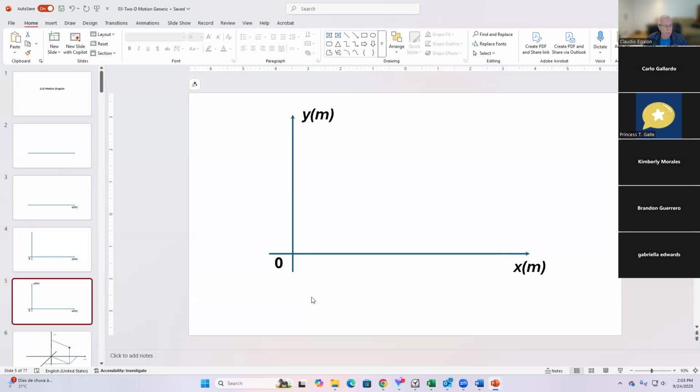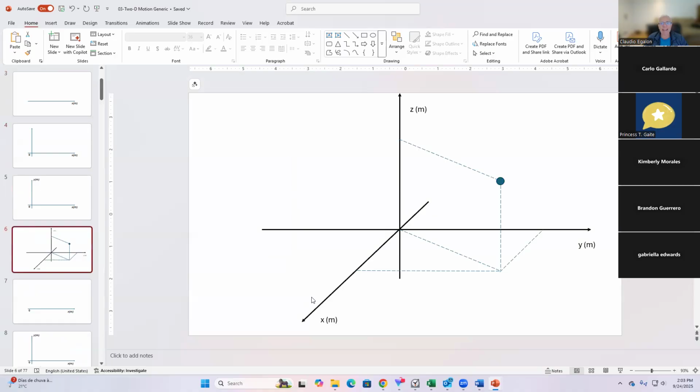But just like I said before, we can also locate our object in the three-dimensional space. In order to do that, we have to draw the X, Y, and Z axis, right? And place your object somewhere in the X, Y, Z coordinates.